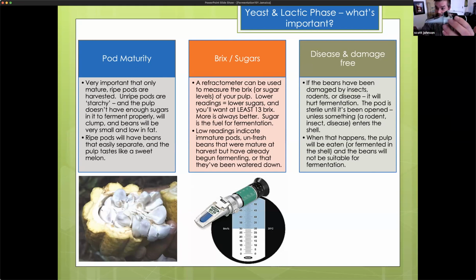It's literally as easy as taking those wet beans in your hand and squeezing them, which will squeeze out the juice. That juice will drip onto the top of this black plate right here, and then just close it up and look through it. There's very little preparation that needs to be done other than squeezing the juice out of your pulp.